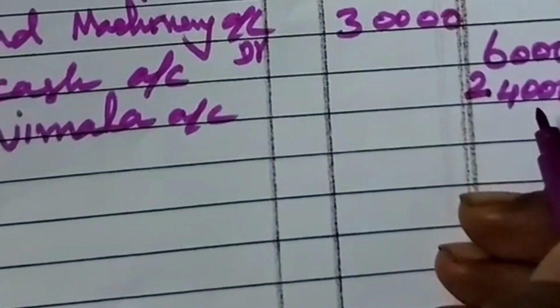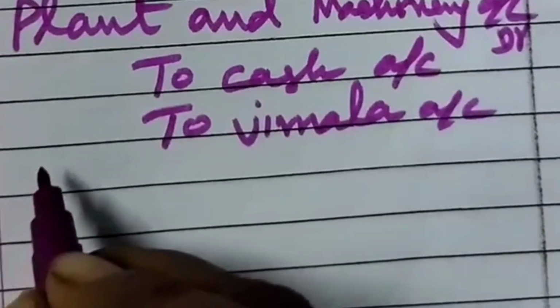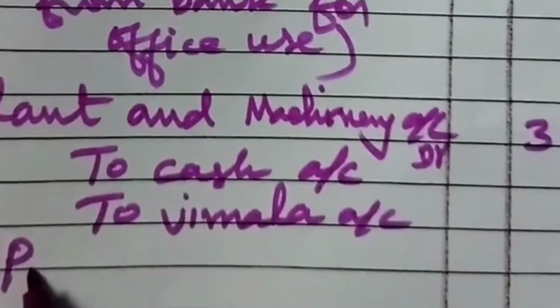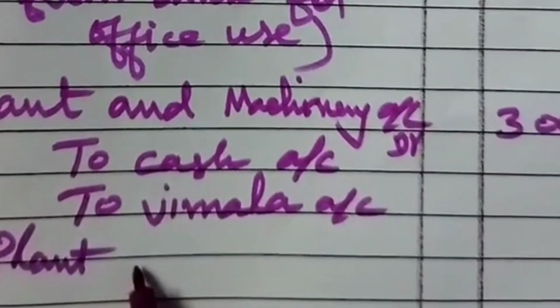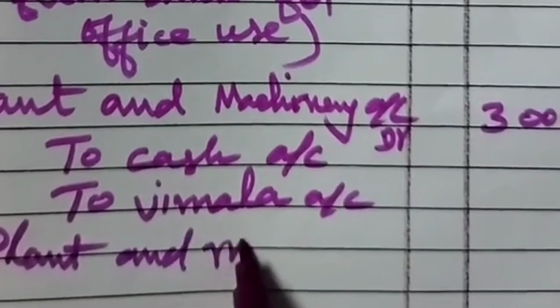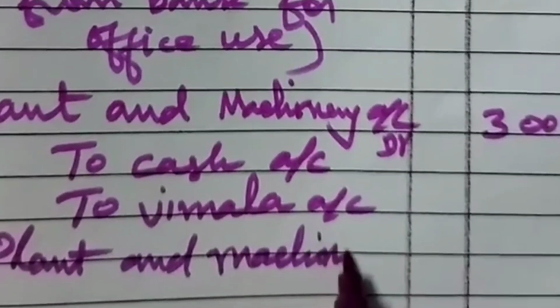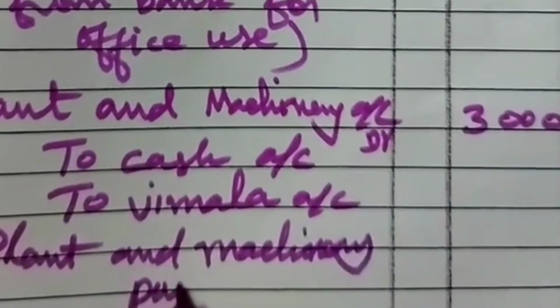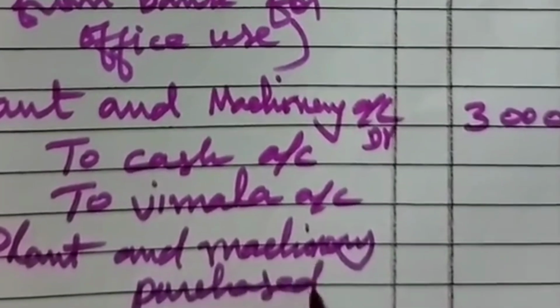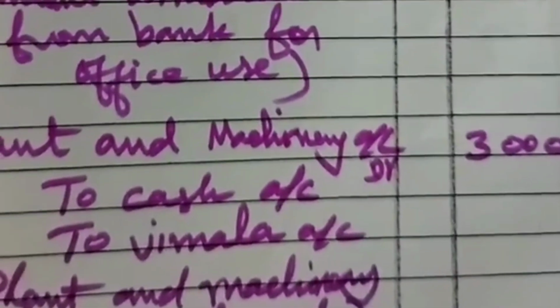So this entry is correct. Then narration we have to write. What narration? Plant and machinery purchased. Okay. Then we can go to the next transaction.